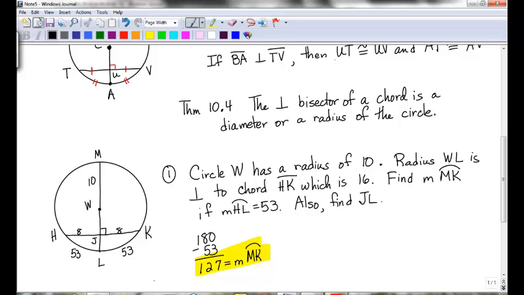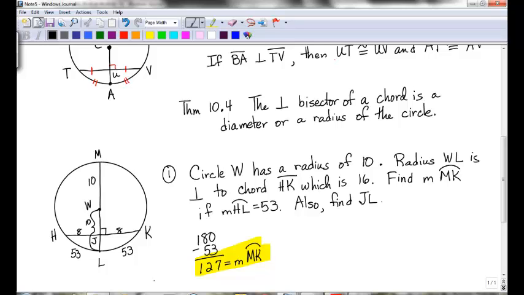I know what this whole thing is, right? I know that whole thing is 10. It bisects the HK.